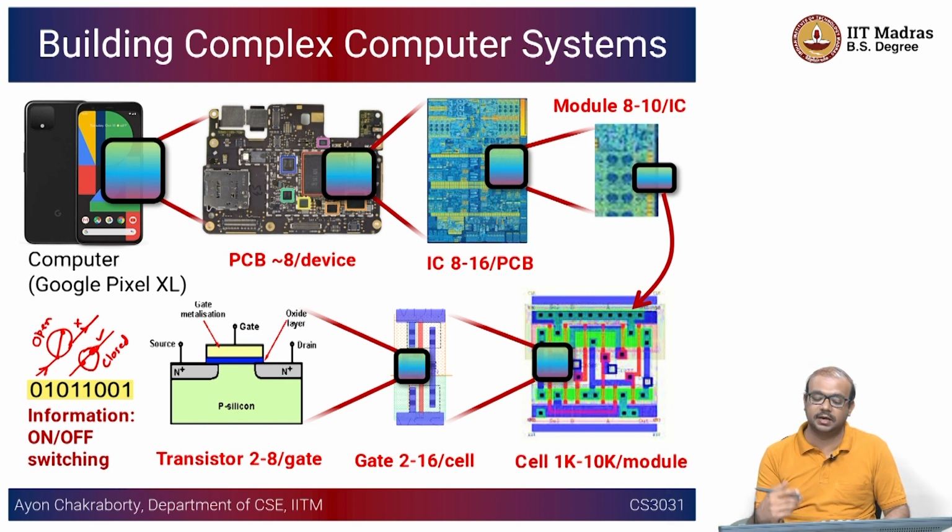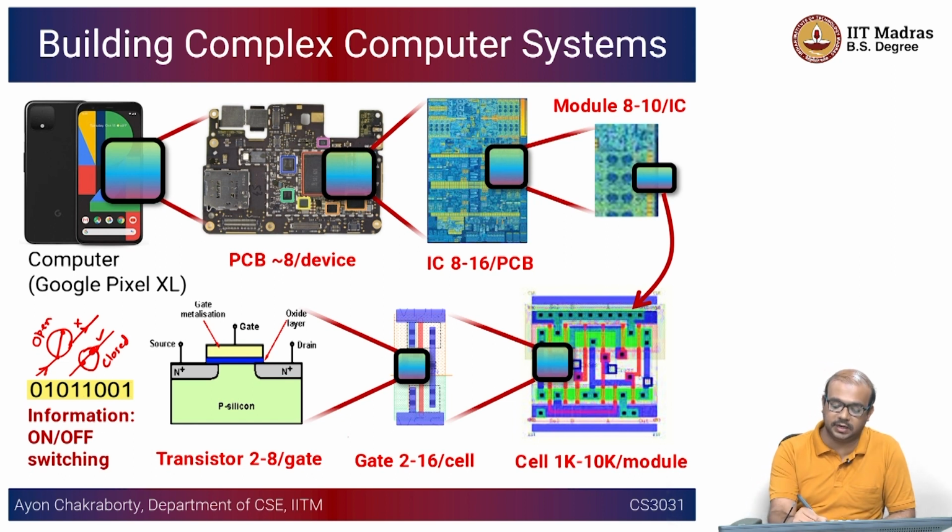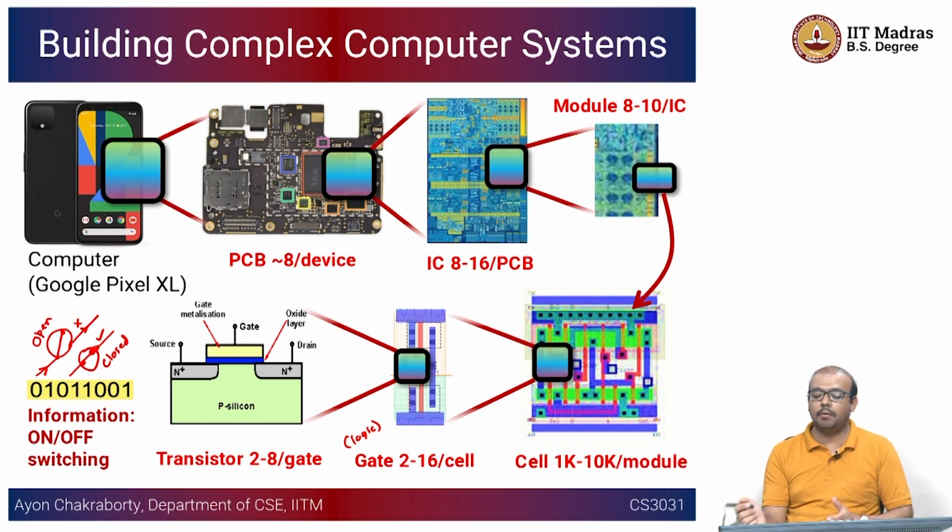If you are really interested, you can look into the Harris and Harris book and see how logic gates can be implemented using such transistors. But once you have these building blocks called logic gates, you can combine them to build various modules.